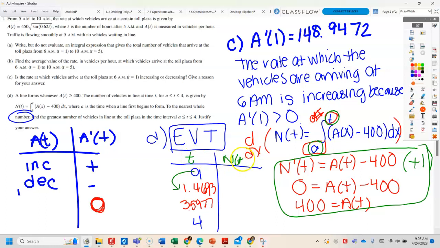Now I need to find my end. Because I'm looking for the max. And the max can only occur at any of those 3 points. So then you would go to your calculator one last time.